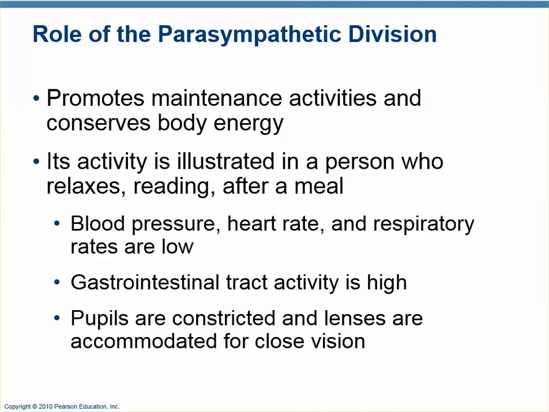You constrict your pupils. When you're parasympathetic, you don't have near as much peripheral vision. Lenses naturally accommodate for close vision. This is why after a big meal you kind of like to sit and read, or you just lay around. You become life support for your digestive system, basically.